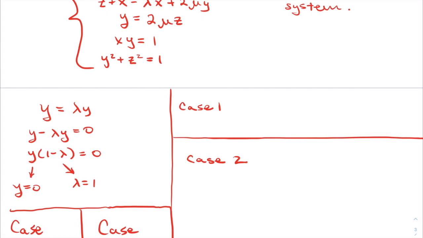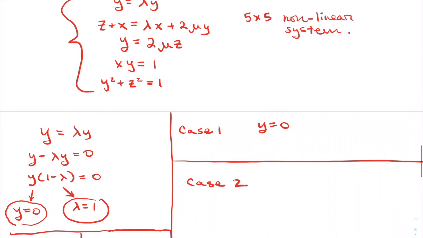Okay? Now, when the equations split into 2 like this, you have to treat these as 2 separate cases that don't interact. So let's look at our case 1, that y is 0. And if y is 0, note the fourth equation above, that xy has to be 1.